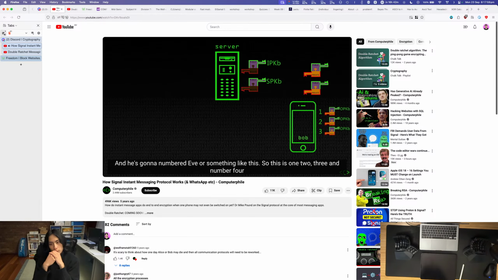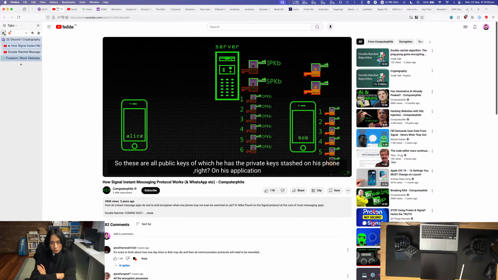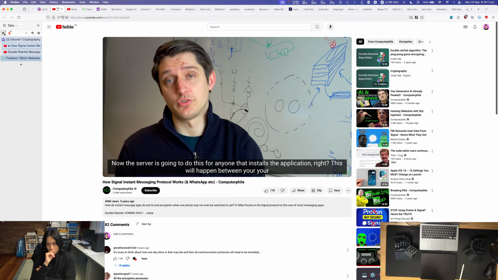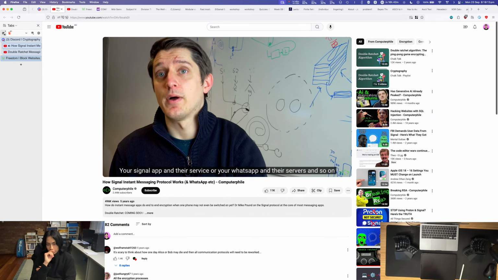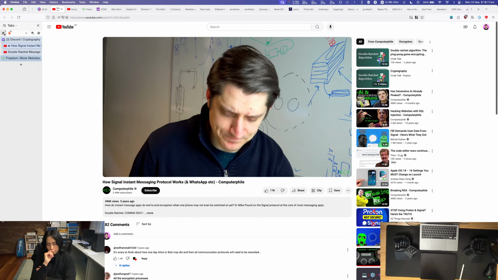So this is 1, 2, 3, and number 4. So these are all public keys, of which he has the private keys stashed on his phone, right, or on his application. Now the server's going to do this for anyone that installs the application, right? This will happen between your Signal app and their servers, or your WhatsApp and their servers, and so on.